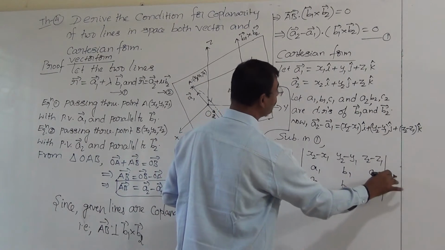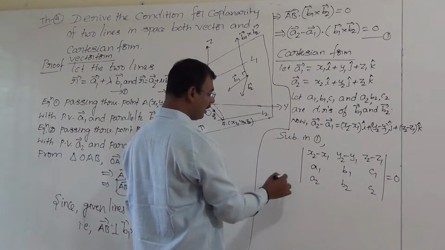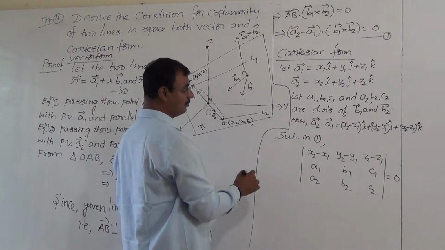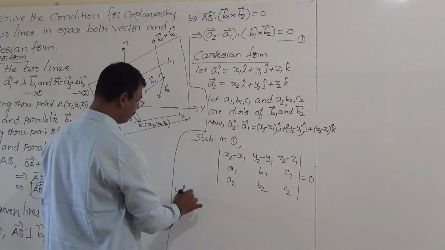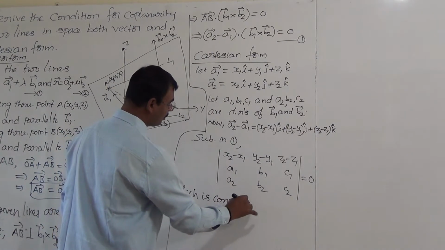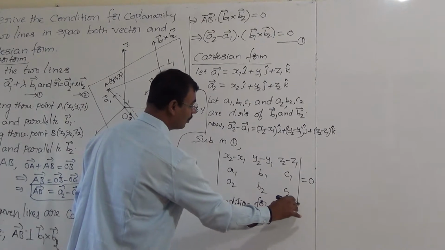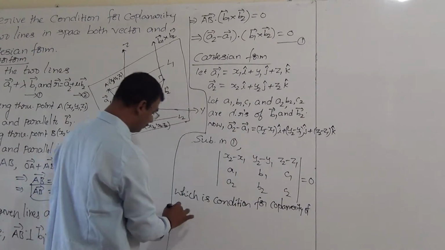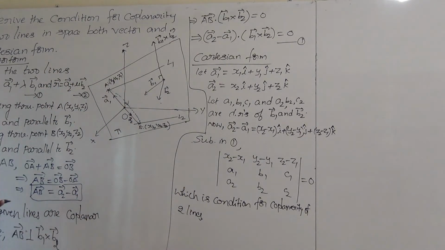The determinant is equal to 0. So this is called the condition for the Cartesian form of coplanarity of two lines.